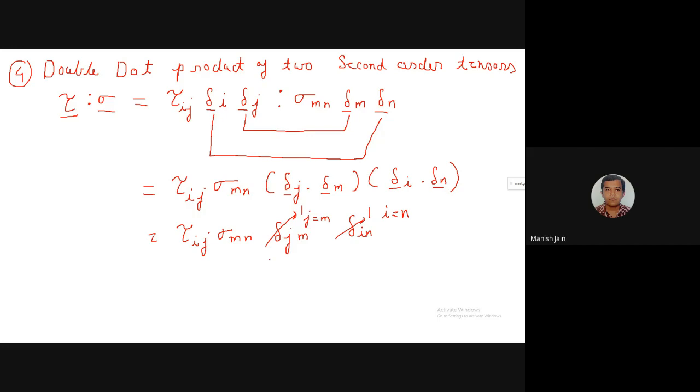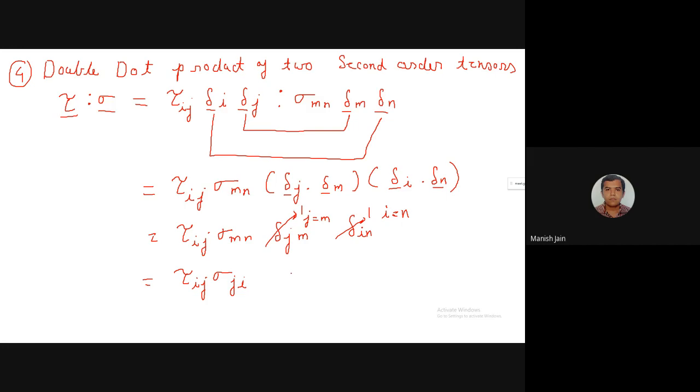So you have to either replace j with m or j with n. Similarly, you have to either replace i with n or n with i. So here I am replacing m and n with i and j. So tau ij sigma, in place of m I am writing j, and in place of n I am writing i, sigma ji.